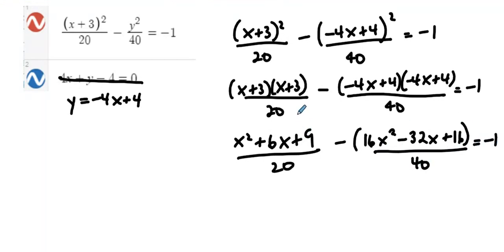I'm probably doing it a little bit different than earlier. All I'm trying to show you is you can simplify the top first and then get rid of the denominators, or I could have gotten rid of the denominators first. Doesn't matter. Okay, so 20 times 40.